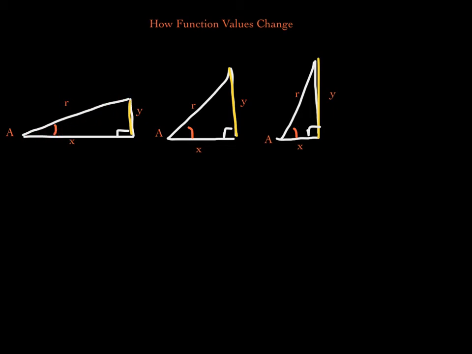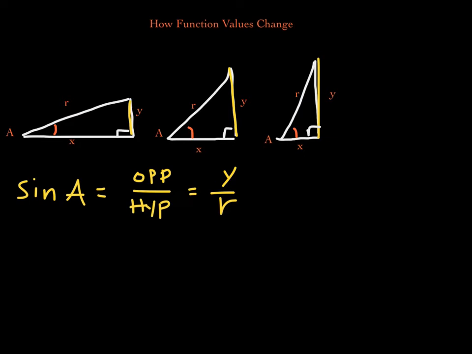R is fixed. That leads me to believe that the sine function is an increasing function, because the side opposite angle A, which is Y, is increasing as angle A increases, and R is fixed.